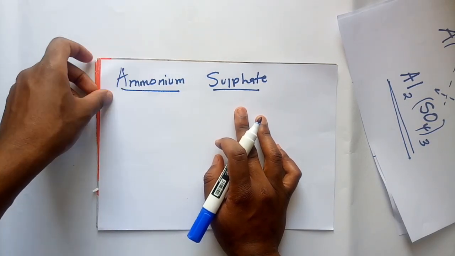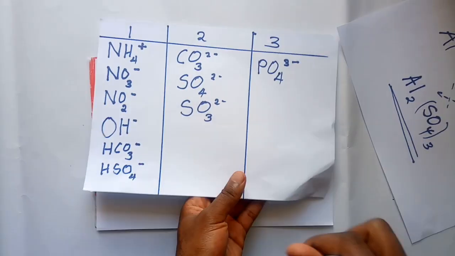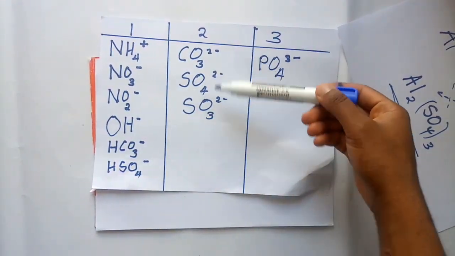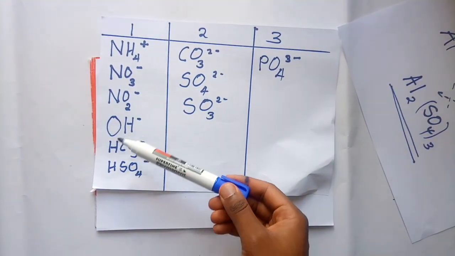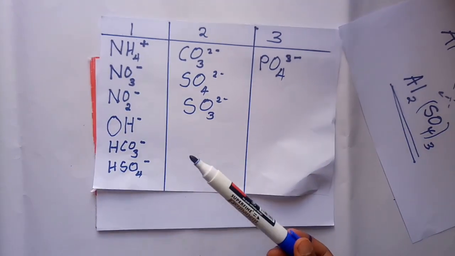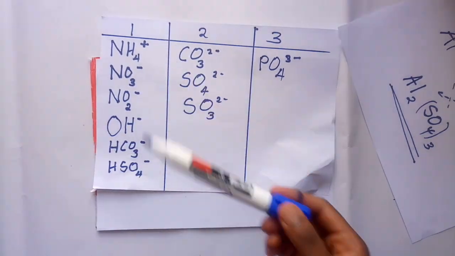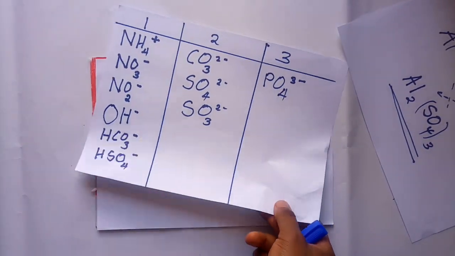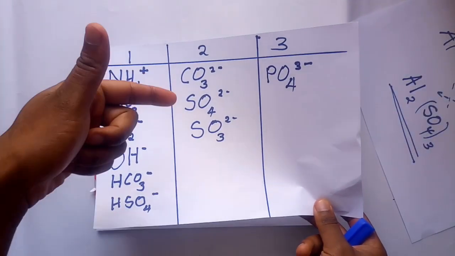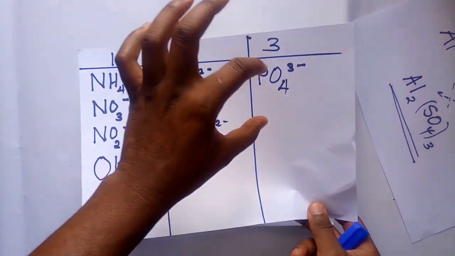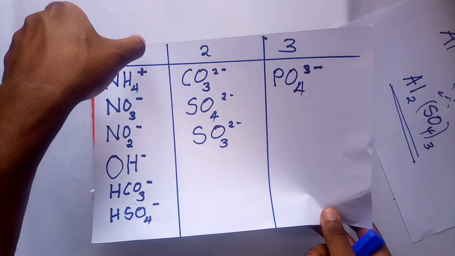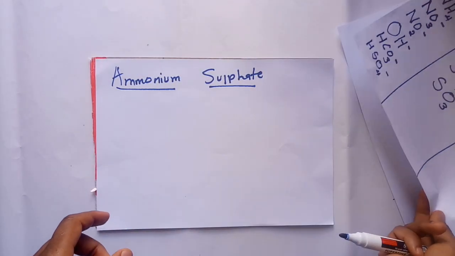I always tell the students, if you can only remember these charges, how many are they? 1, 2, 3, 4, 5, 6, 7, 8, 9, 10. Just 10 polyatomic ions that we mostly base in high school. If you can only remember these 10, it becomes very easy to write the formula. So take your time to go through this and know. And I always tell them that there are only 3 with 2. It's only 1 with 3. So every other polyatomic ion lies in negative or positive 1.